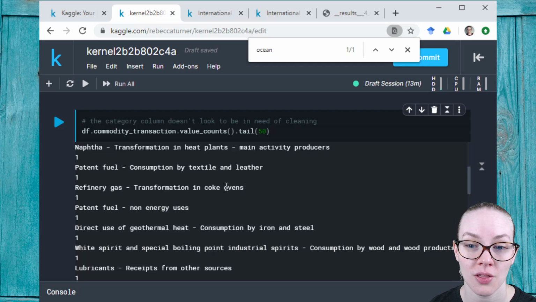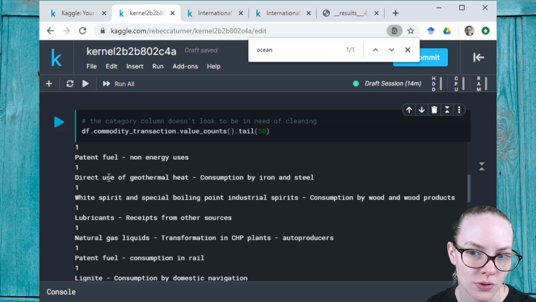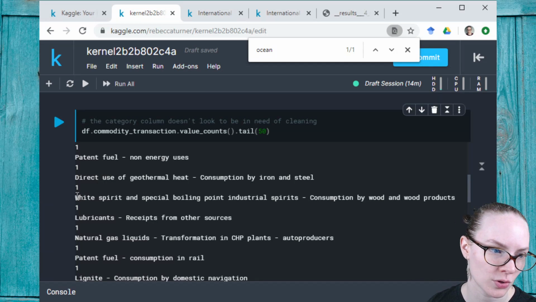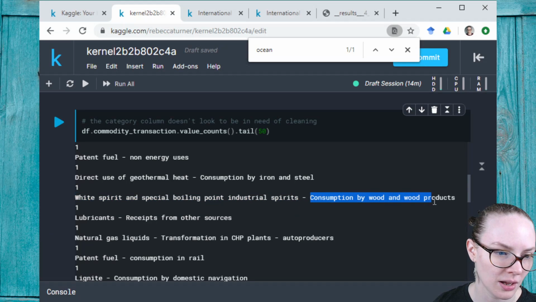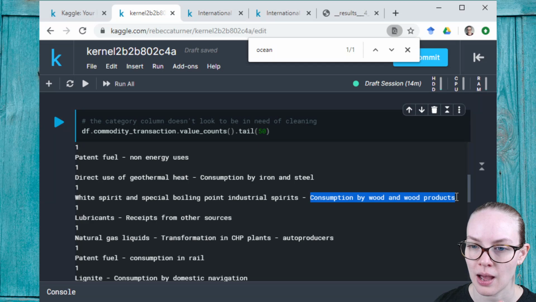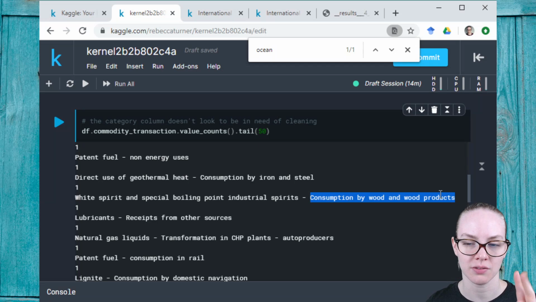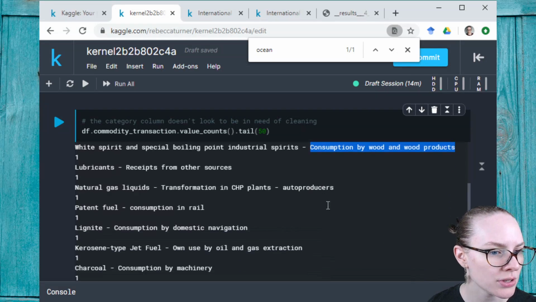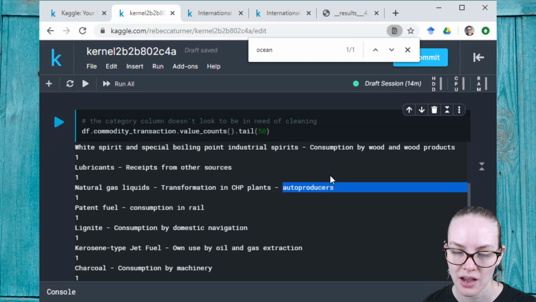I think the most useful thing is to split these into separate columns. So the first column is this first thing, which is specifically the commodity. The second column is the use, or how it's being used. So I think those are actually two pieces of data that should be separated apart and each have their own column. But we also seem to have this third thing sometimes, which is like miscellaneous.